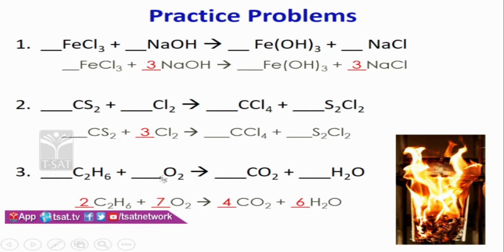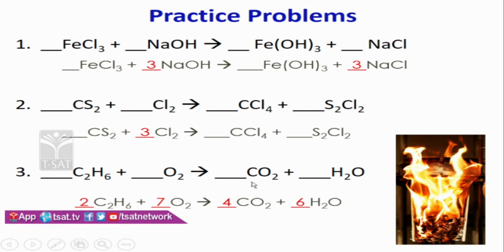C2H6, it is a gas, combusts with oxygen to give carbon dioxide and water. So, during this reaction, we have to balance carbons first, then hydrogens or oxygens, lastly the third one. Only 3 varieties of atoms are present here. So, let us try to balance carbon atoms. Here C2. On the right hand side, in the products part, only 1 carbon is there.